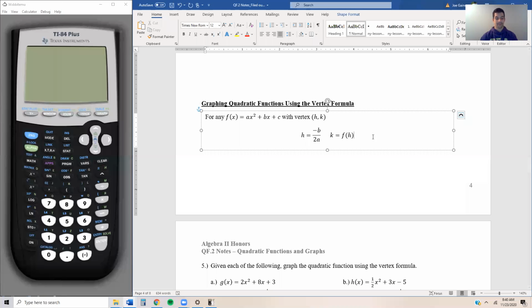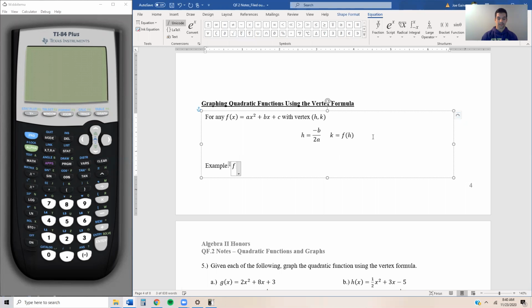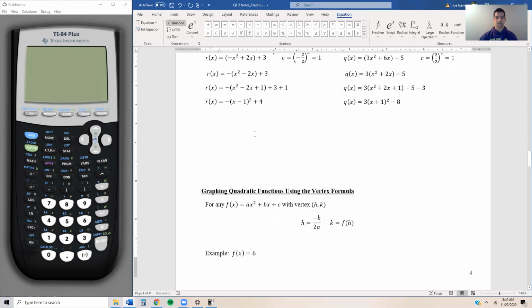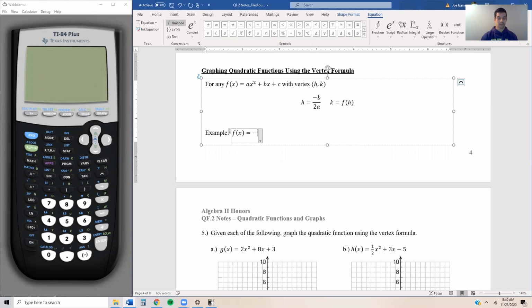Let me give you an example. Let's use the same problem we saw today in our warm-up. Let's say f of x is negative x squared plus 4x plus 5. We did this problem in our Zoom discussion today where we found the vertex by completing the square. If I want to use the vertex formula, I would substitute into h.